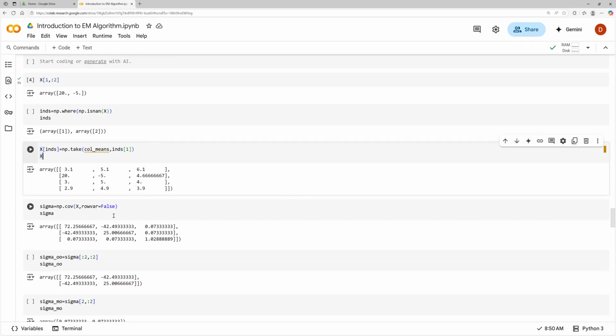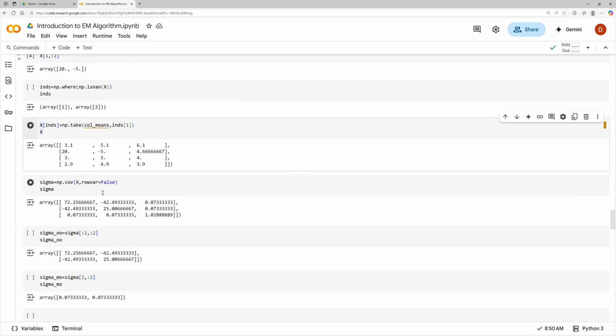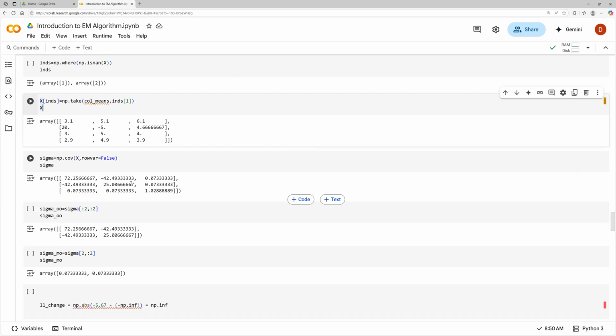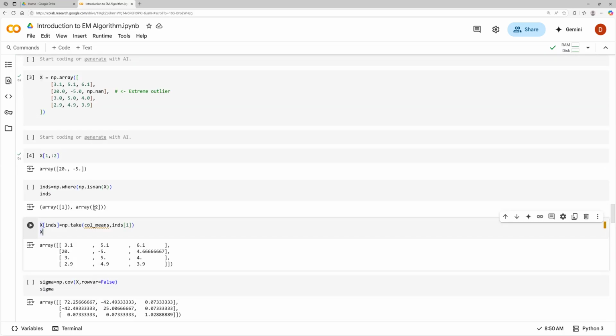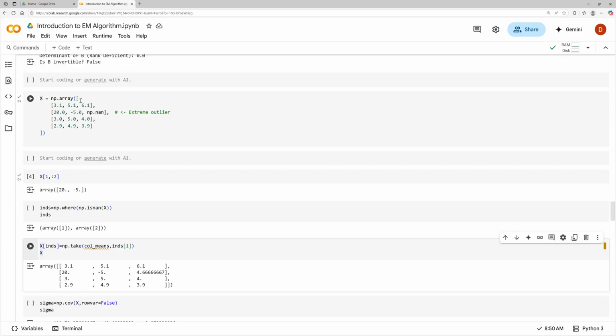And then we also do that for the covariance matrix, right? We take the covariance matrix of that completed data set, we get something like this. Now, in order to get the sigma observed, we do 2, 2. Because we know that this up to this here is observed, right? 0, 1, 2, 3.